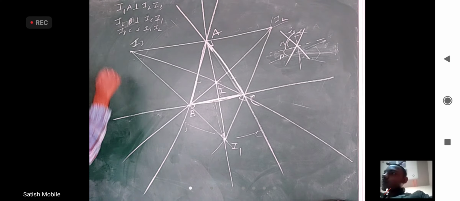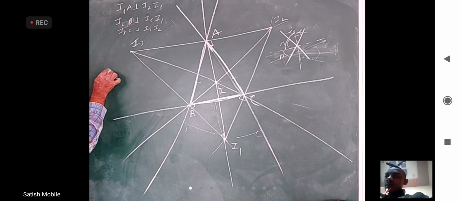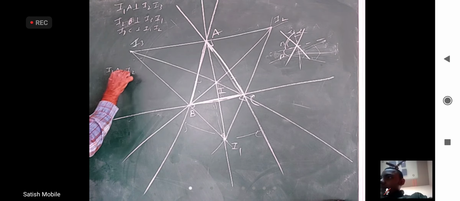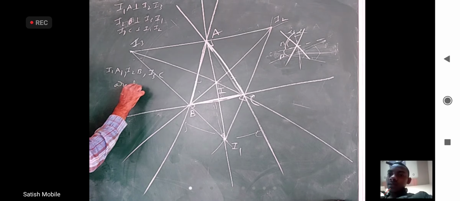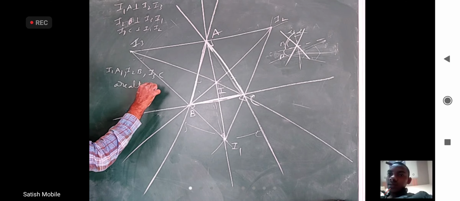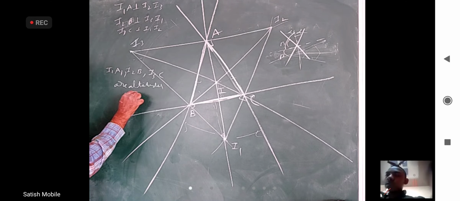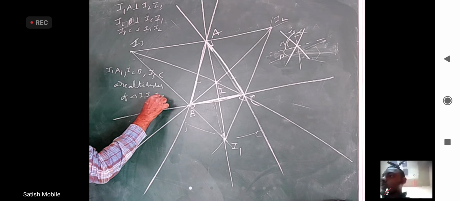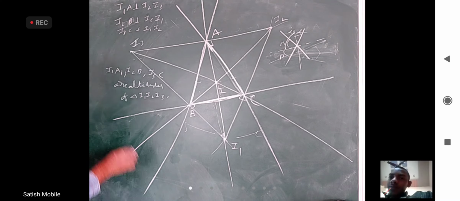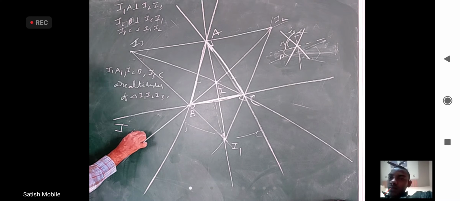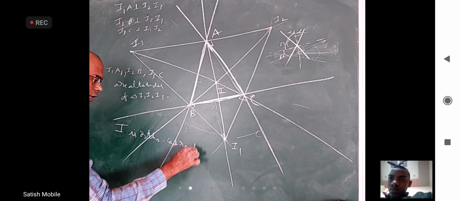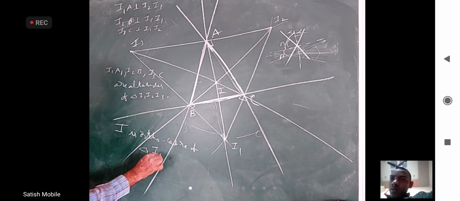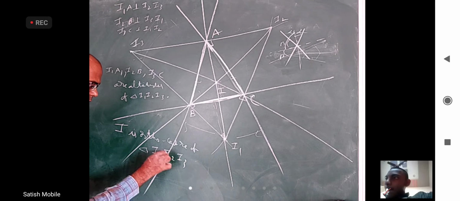Because of this, I am writing here: I1A, I2B, I3C are altitudes of triangle I1, I2, I3. Because of that, I is orthocenter of triangle I1, I2, I3.